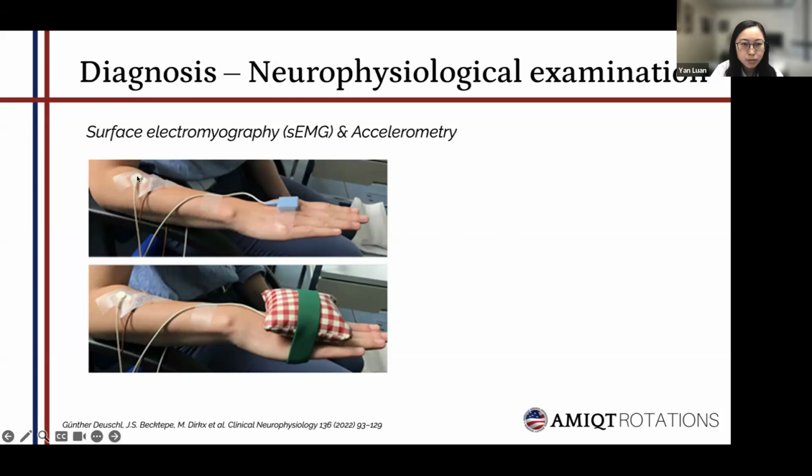And normally we include both agonist and antagonist. And this one here is an accelerometer, which helps with accelerometry. It is connected to a computer for better characterization of the tremor movement. And the picture below here is showing weight loading.